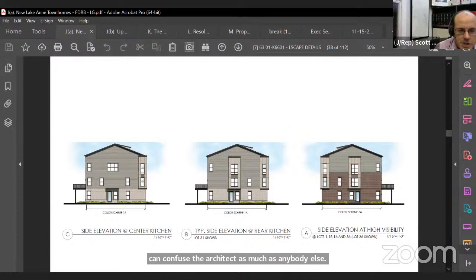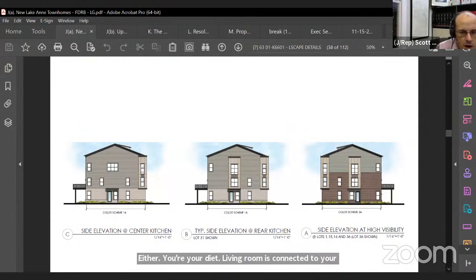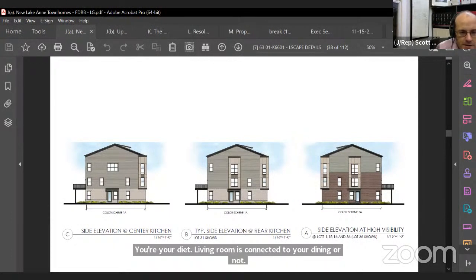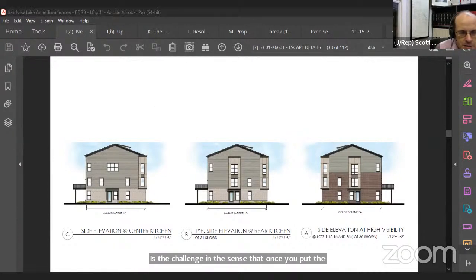To some degree, it's a function of there being two different plans that they really advocate for owners, those two different kitchen locations, because it provides a different living scenario. Either your living room is connected to your dining or not, or the kitchen is in between. And I get that. The challenge is that once you put the kitchen somewhere, it reduces your window function. So in this case, you're looking at that C elevation and there's a blank spot there.